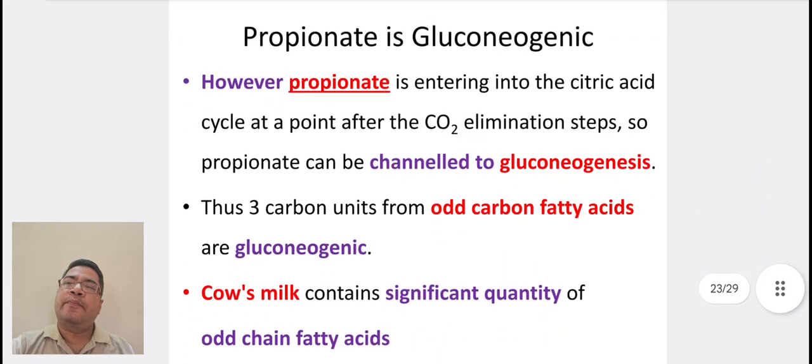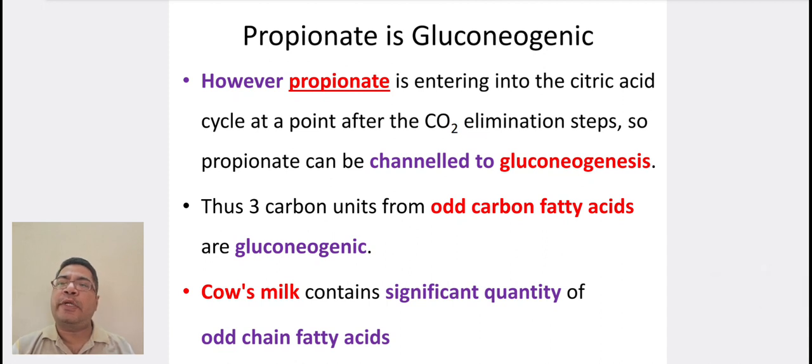However, propionate enters the citric acid cycle at a point after the CO2 elimination steps. So propionate can be channeled into gluconeogenesis. Thus, three carbon units from odd chain fatty acids are gluconeogenic. Cow's milk contains a significant quantity of odd chain fatty acids.